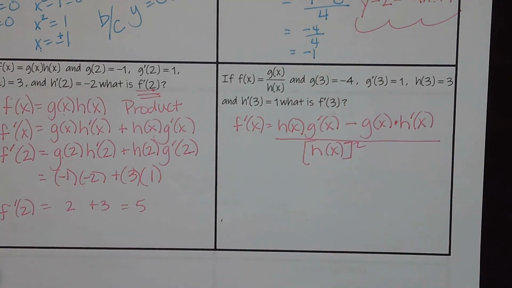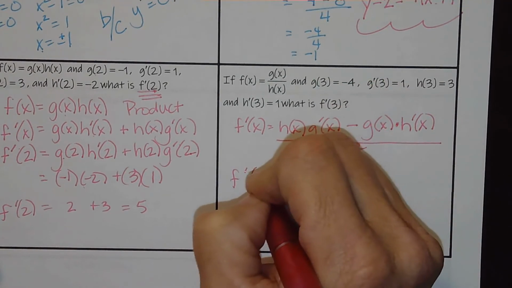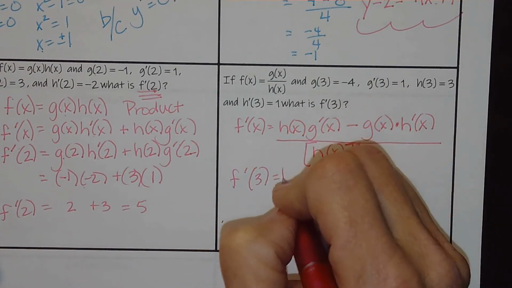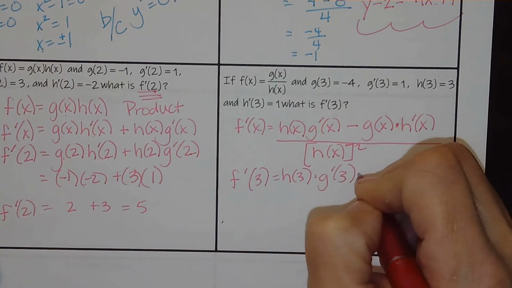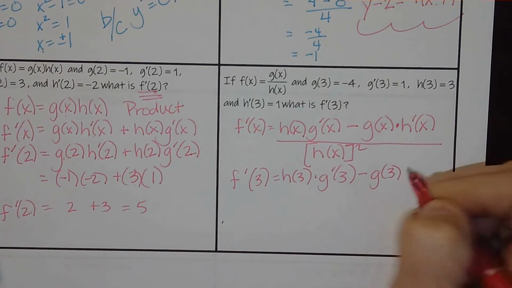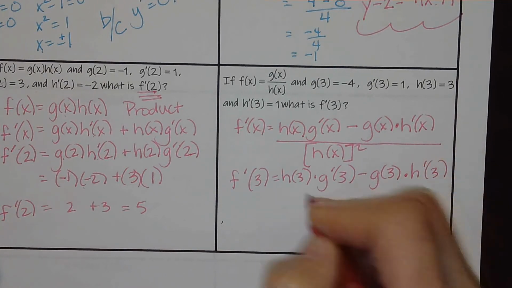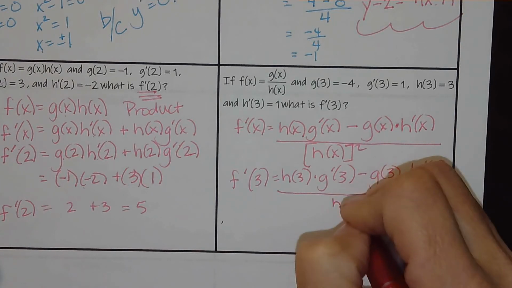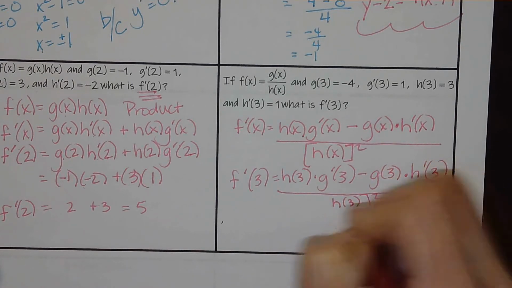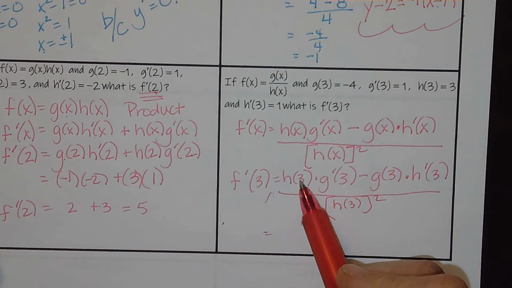That's your low. So now substitute 3. So f prime of 3 equals h of 3 times g prime of 3 minus g of 3 times h prime of 3 all over h of 3 squared.